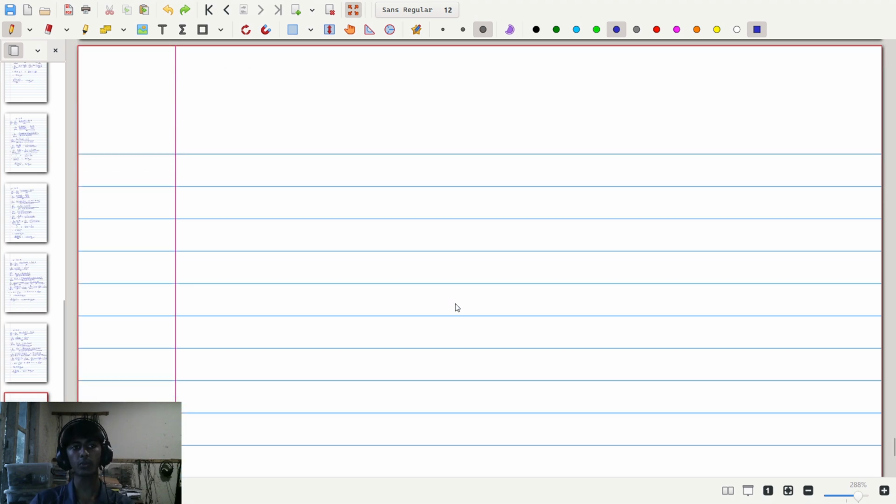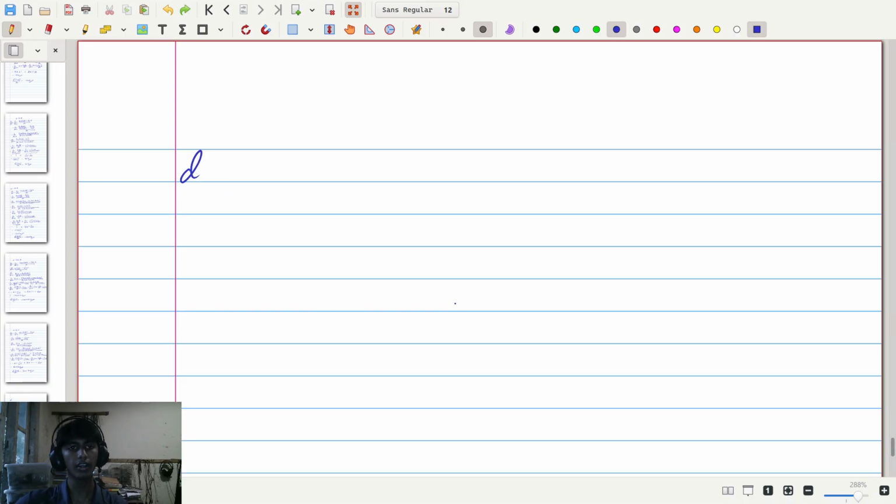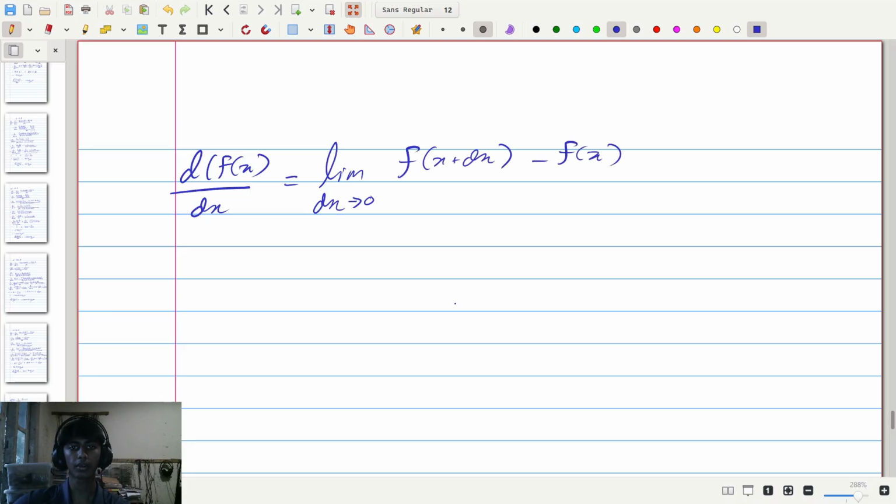So in summary, we discussed what a derivative is. We discussed the first principle of derivative. First principle derivative is this: dy by dx, or let's say f of x instead, d of f of x by dx is the rate of change of this function f of x with respect to x, which is the limit as dx approaches 0 of f of x plus dx minus f of x by dx.